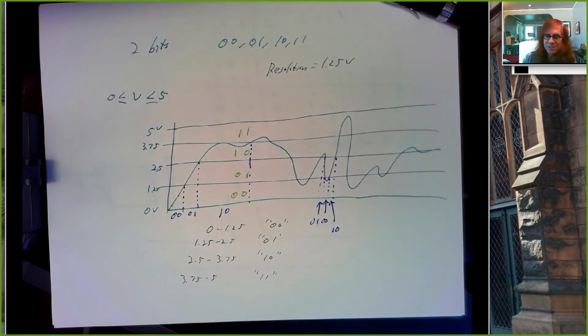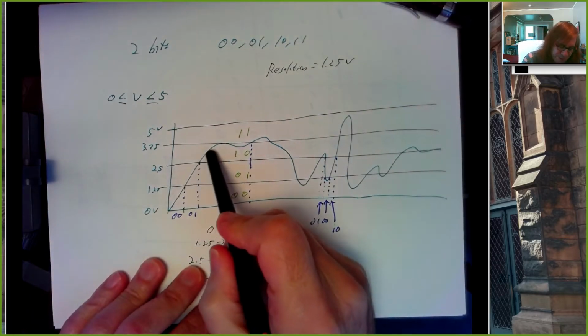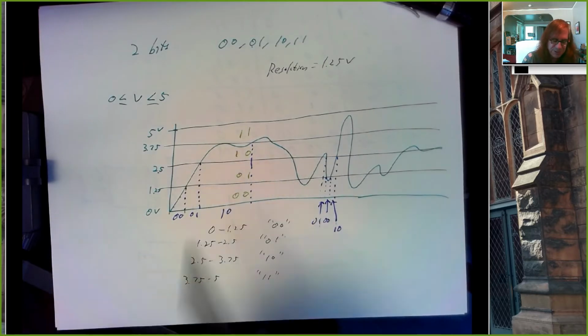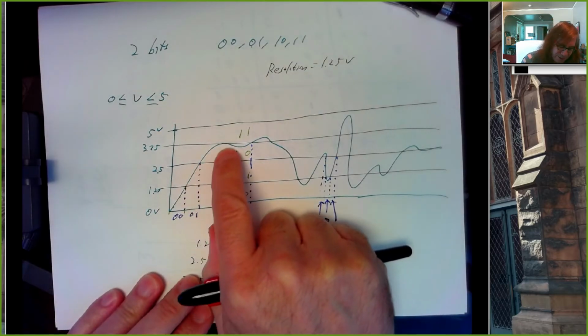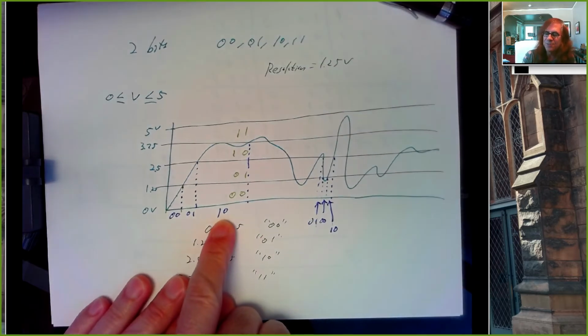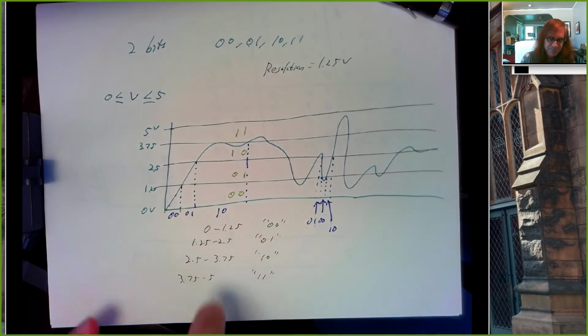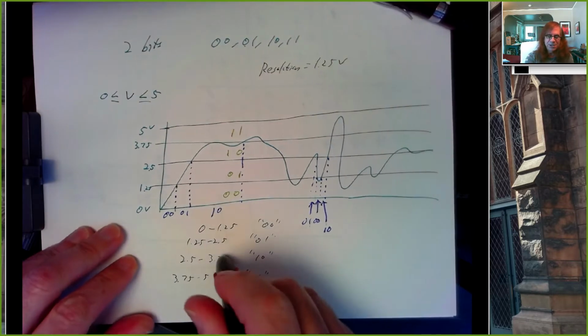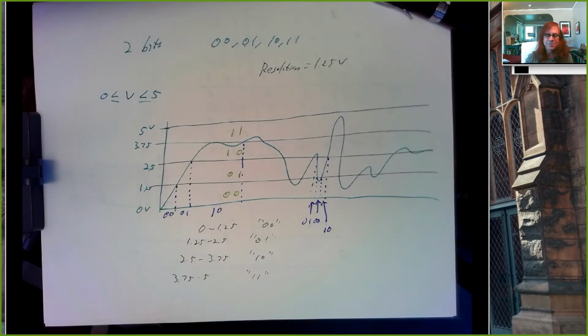And all that means is that it's possible for our voltage to change by 1 1/4 volts, and we don't know it. In other words, from here it went from 2.5 to almost up to 3.75, but we just recorded it all as being voltage level 10. So resolution is how fine a change in your input will register as a change in your coding of that input signal.